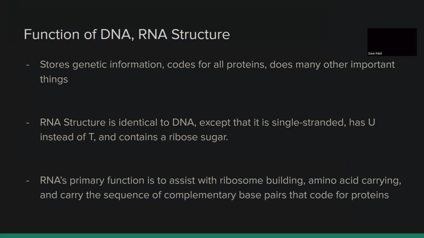RNA's primary function, there's many more secondary functions that we probably haven't covered in this class, but the primary function is to assist with ribosome building through ribosomal RNA, amino acid carrying through tRNA, and carrying the actual sequence of complementary base pairs that code for proteins through codons. That's going to be mRNA, messenger RNA.